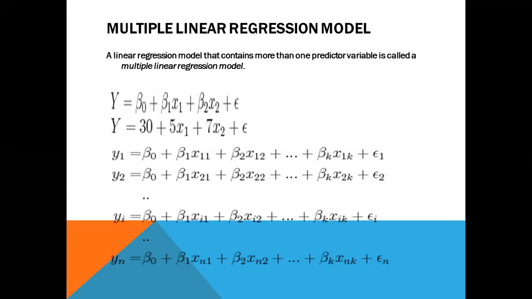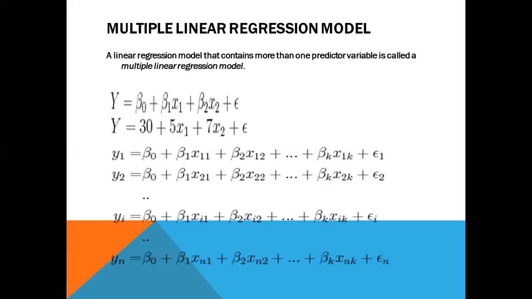But in multiple linear regression, we will have more than one input. So the formula is just the extension of the simple linear regression. For the simple linear regression, the formula was y equals b0 plus b1x plus epsilon. But here it is extended.